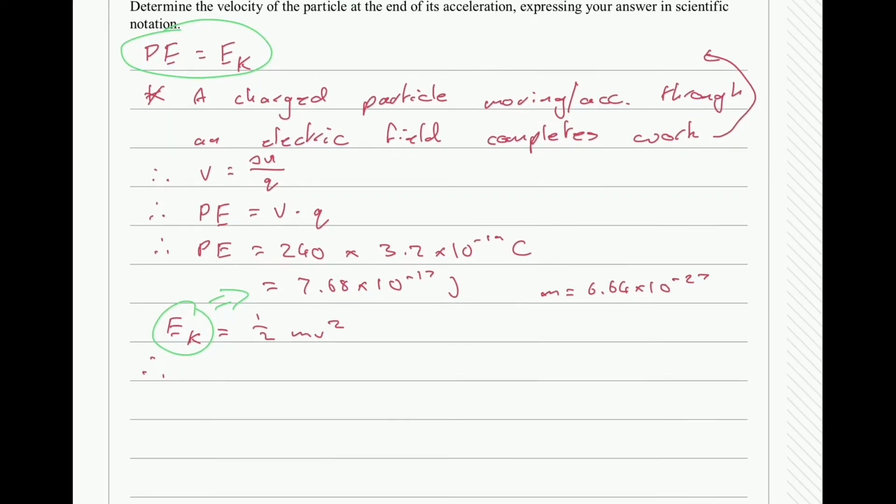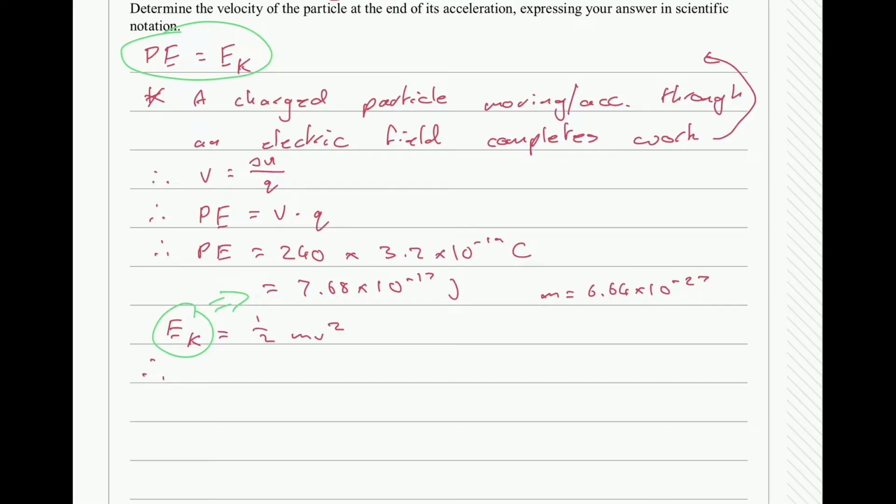All right, so what we're going to do now is rearrange our EK equation. It's going to be 2E equals mv squared, so v squared is equal to 2E divided by m, and then v is going to be equal to the square root of 2E divided by m.